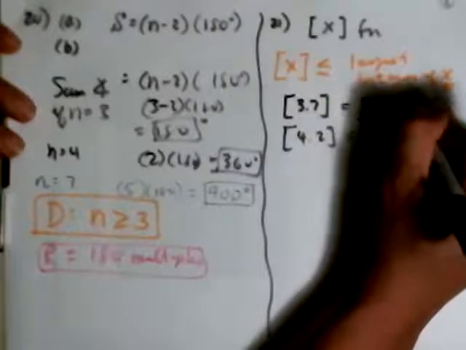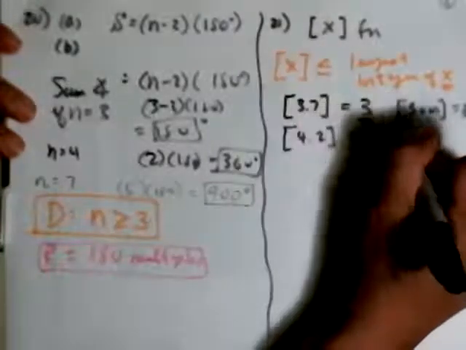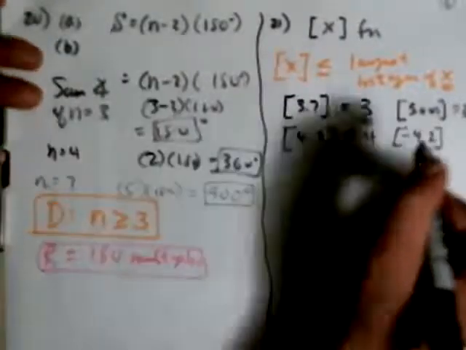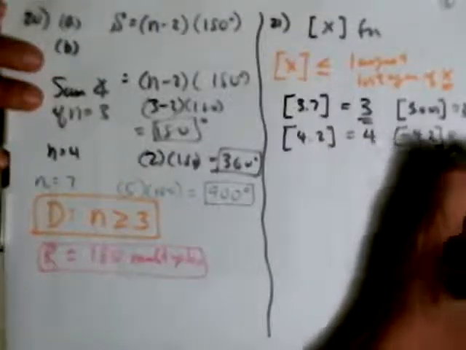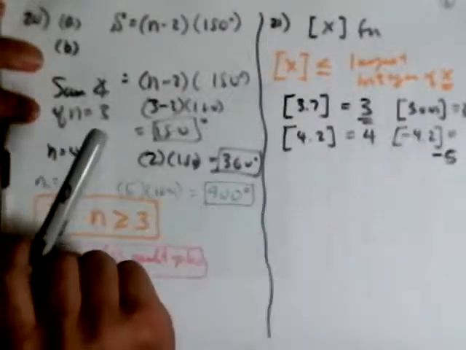The largest integer of 3.001 is 3. The largest integer value of negative 4.2. Think about this one, guys. This is tricky. It is not negative 4. It is going to be negative 5. Negative 5 is the largest integer that's less than or equal to negative 4.2.